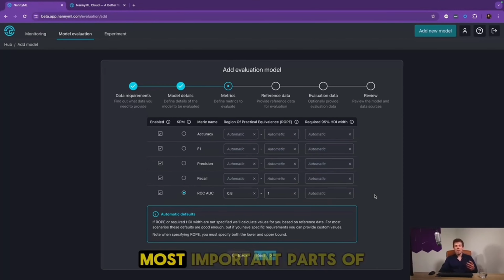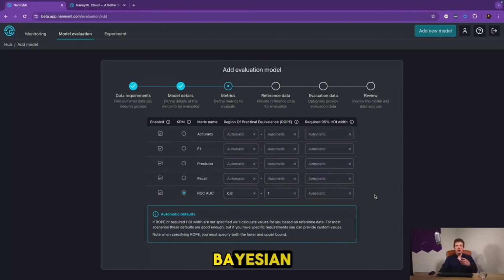One of the most important parts of Bayesian hypothesis testing is the so-called highest density interval. When we run our Bayesian experiment, we're going to get a posterior distribution of where the actual value of our metric lies. So let's say for AUC, we're going to get a curve, and the HDI is simply the region where most of the data points, or most of the probability density, lies.